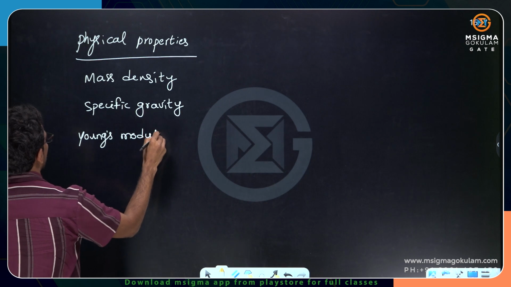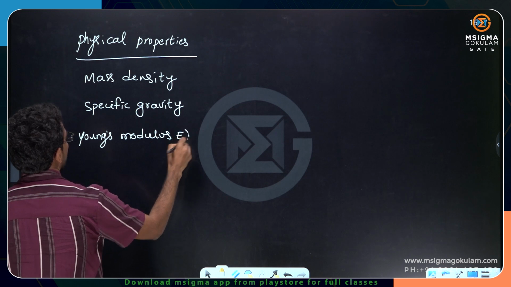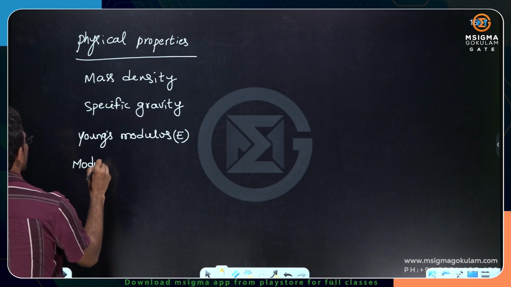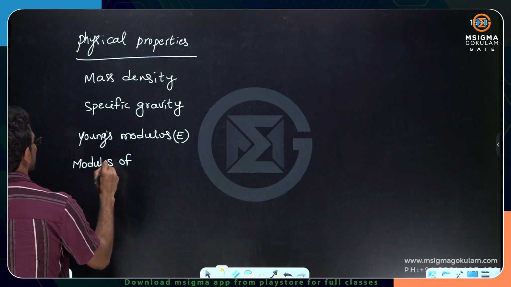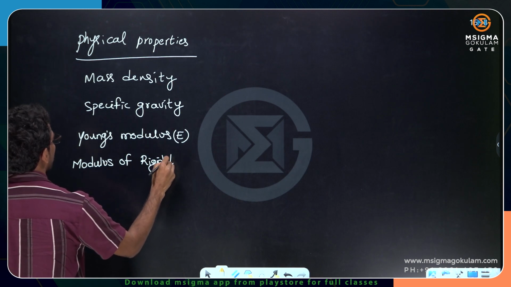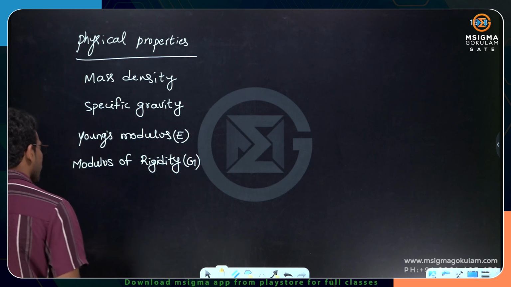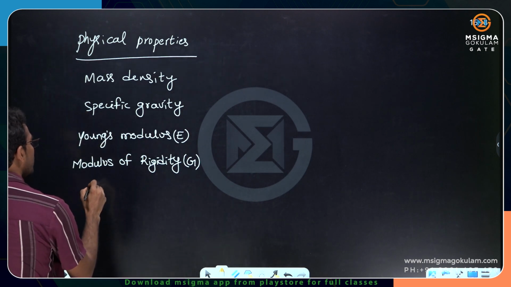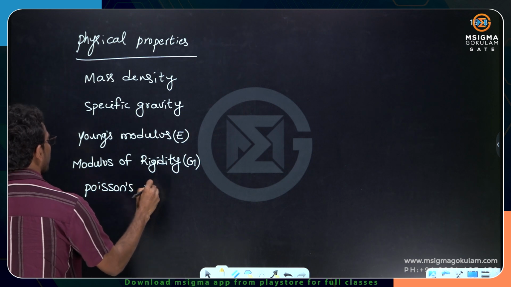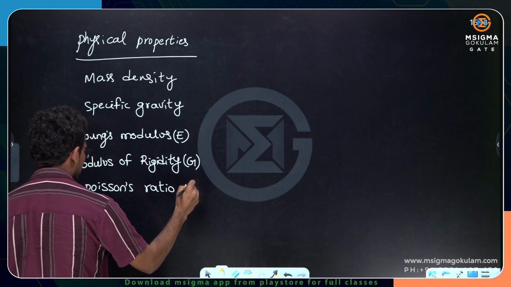We typically represent it with the capital E symbol, and we have modulus of rigidity, which is also called shear modulus. We represent it with symbol G or C, depends. And we have even Poisson's ratio, in the elastic range and plastic range. We represent it with symbol mu.